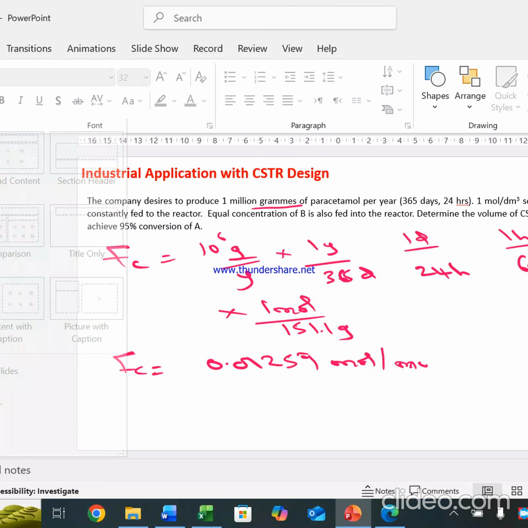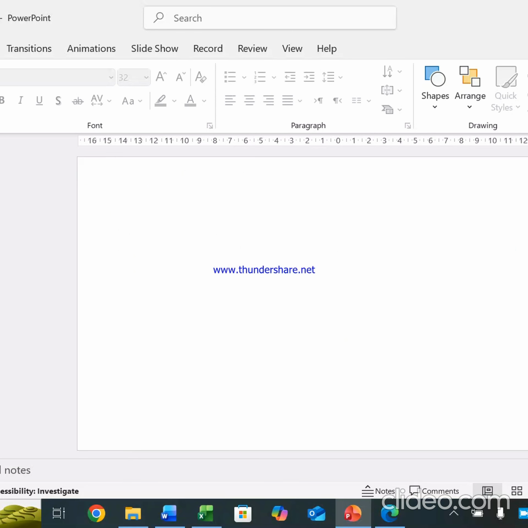So how do we now make use of this data? We have to calculate the p-aminophenol that is going to be needed to meet this. So you remember our FC, which is paracetamol, is equal to Fa naught, p-aminophenol, multiplied by the conversion of that p-aminophenol.